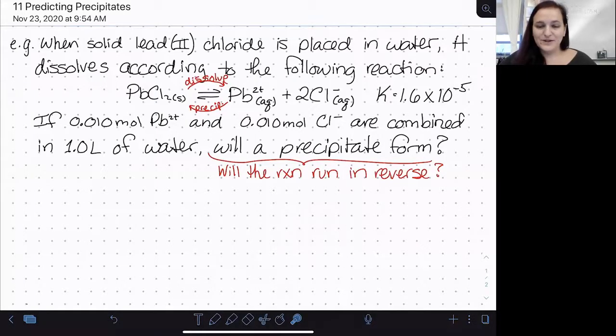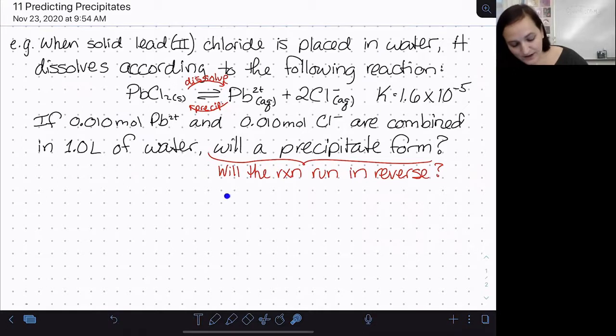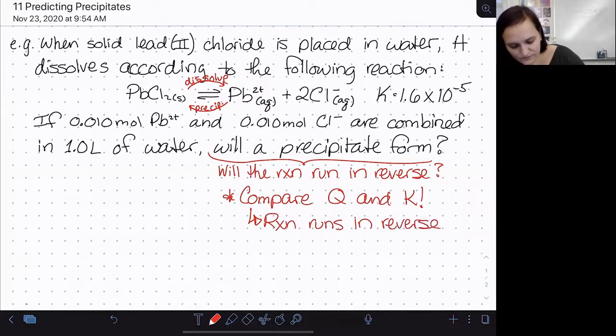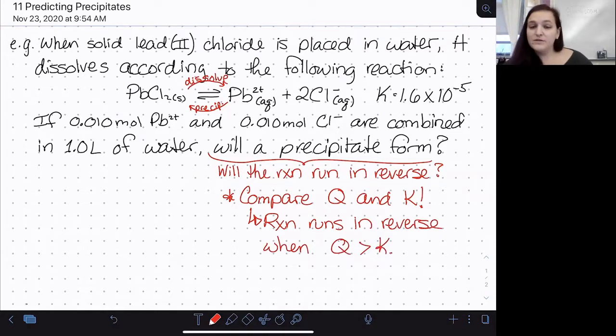To answer this question, will a reaction want to go forward, reverse, or nowhere, we compare Q and K. So our reaction will want to run in reverse when Q is greater than K. So that means we need to calculate Q in order to solve this problem.